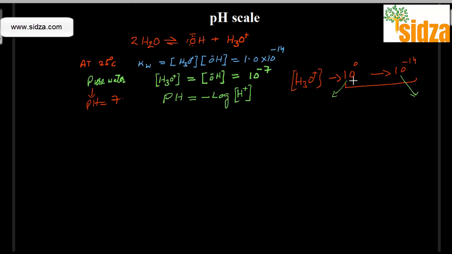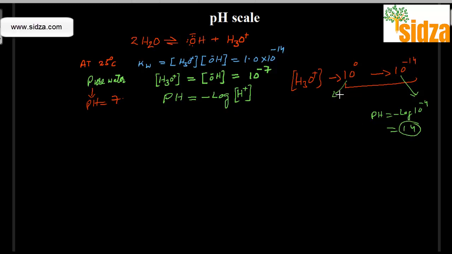So if you have a solution with a very low concentration of H3O positive ion, like 10 to the power minus 14, then the pH will be negative log of 10 to the power minus 14, so the pH will come out to be 14, right? That is one end of the scale.